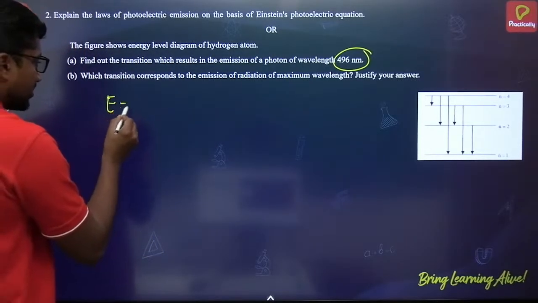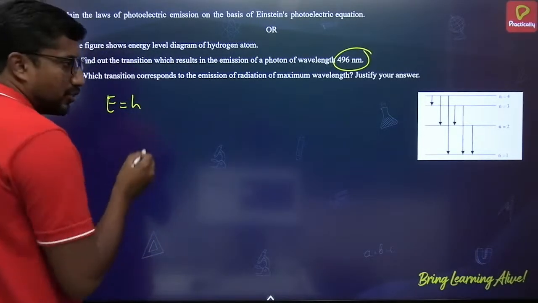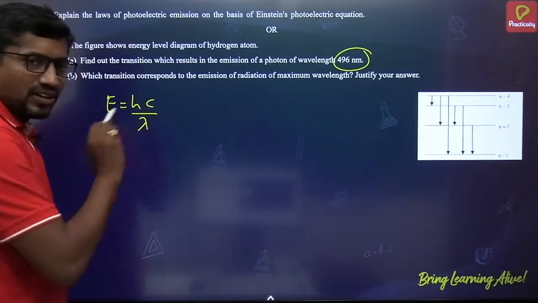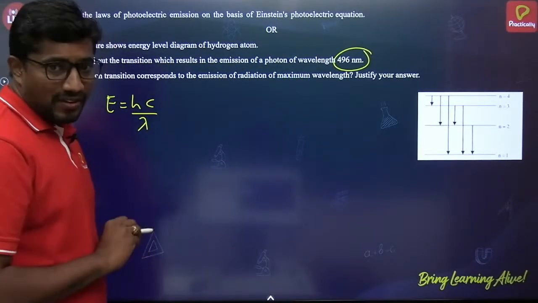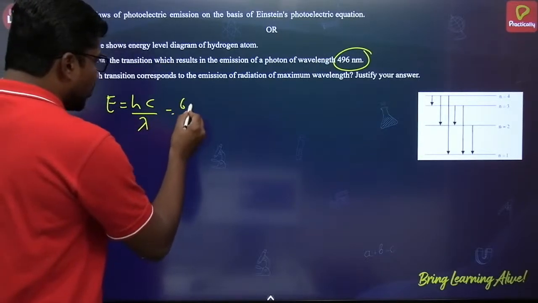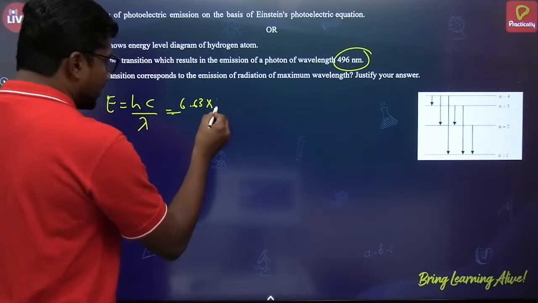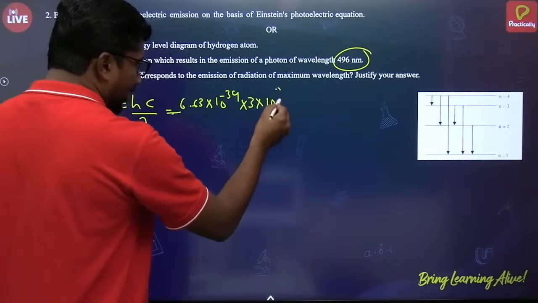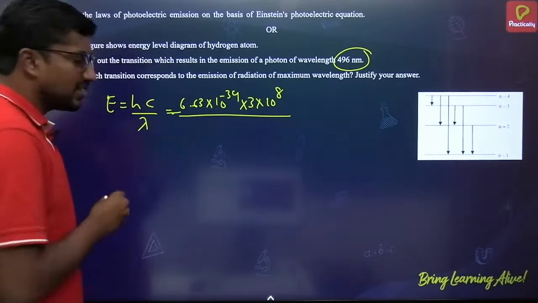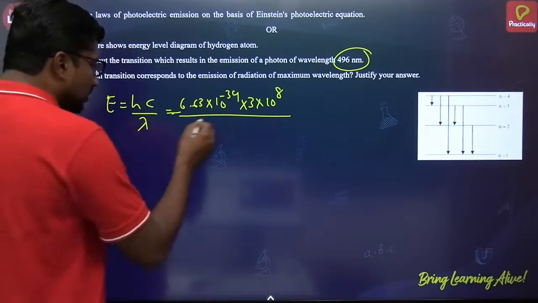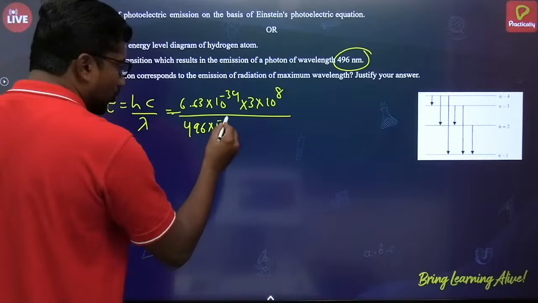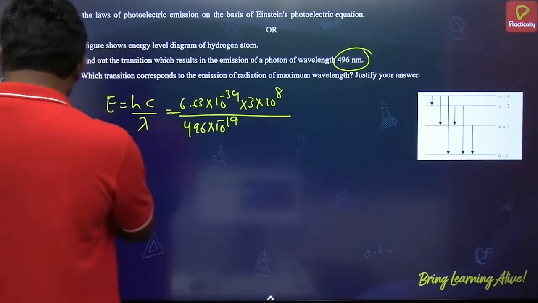E is equal to h nu. We know that nu can be written in terms of c by lambda, in terms of the speed of light as well as wavelength. So 6.63 as the h value, into 10 power minus 34, and the c value, speed of light, is 3 into 10 power 8. This lambda wavelength here is 496 nanometer, that is 496 multiplied by 10 power minus 9.